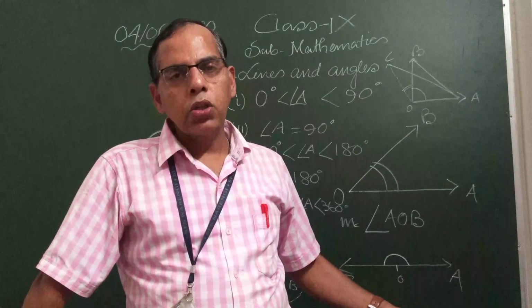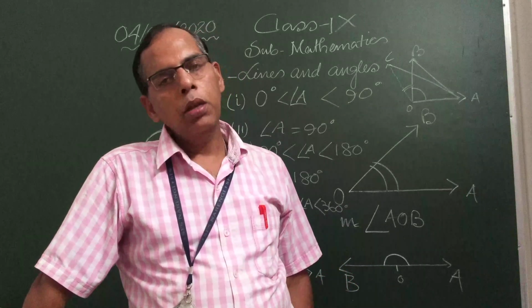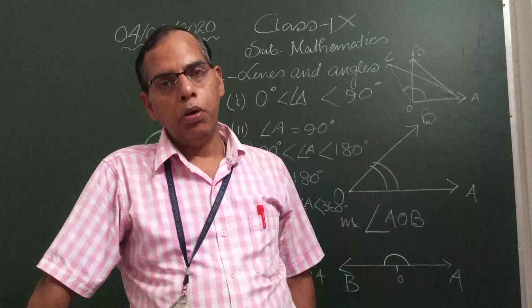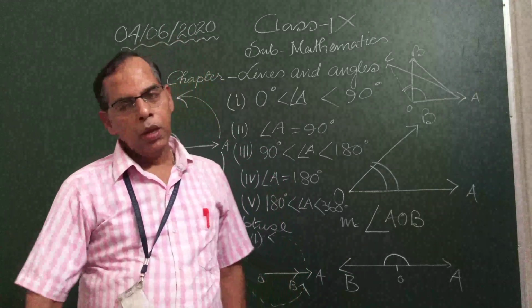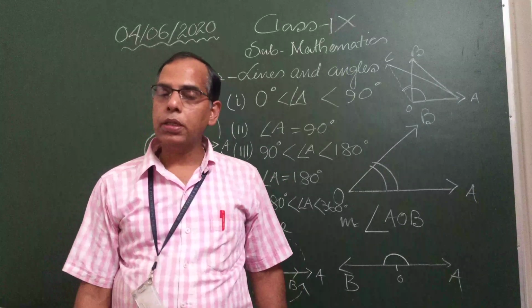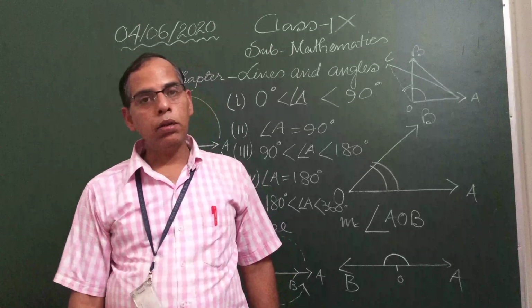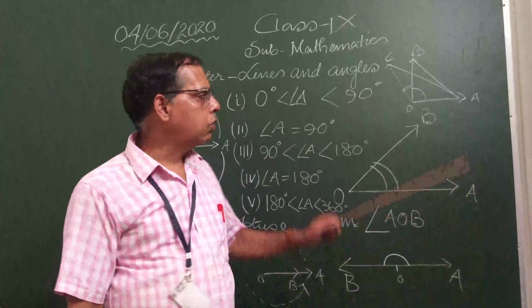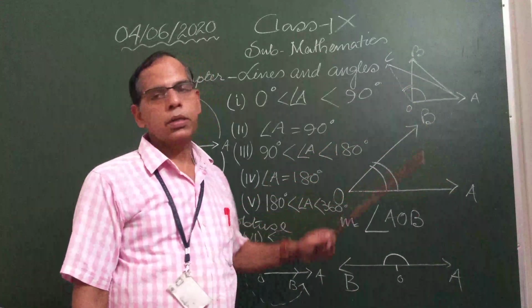So by virtue of the measurement of the angle, there will be different angles also. So this angle measurement is very, very important. In context of the circle also you will get this measurement. Quadrilateral you will get, triangle you will get. So many uses are there. So my dear student, please remember this angle.